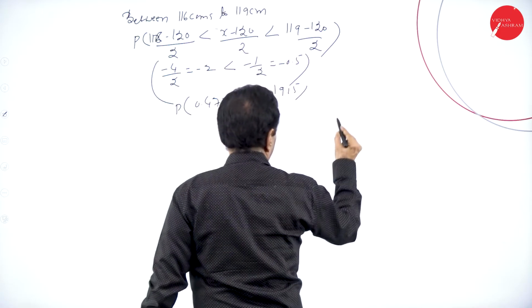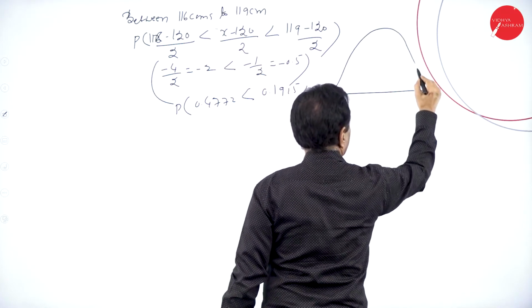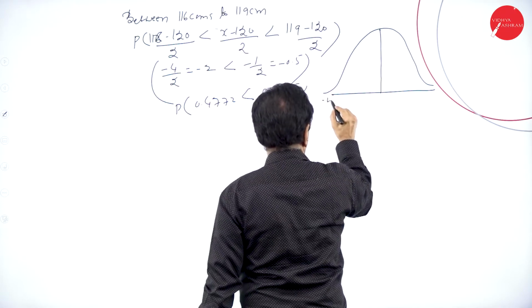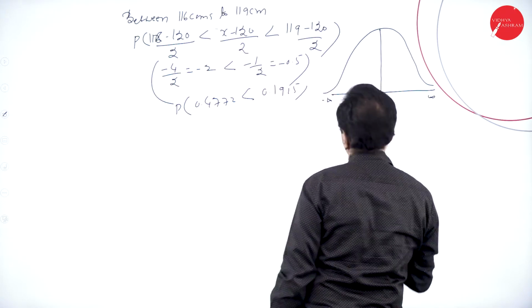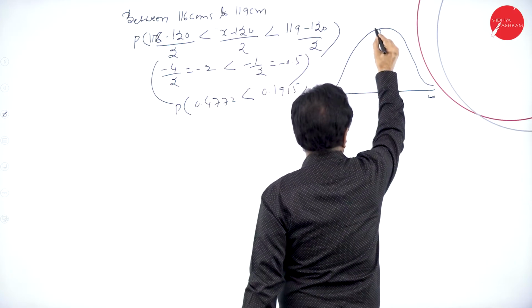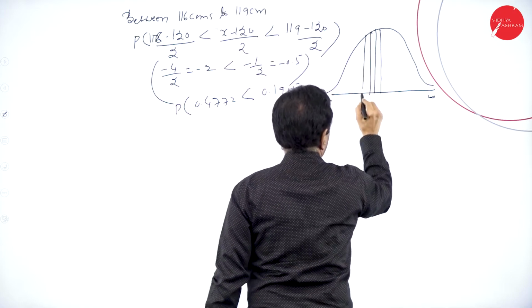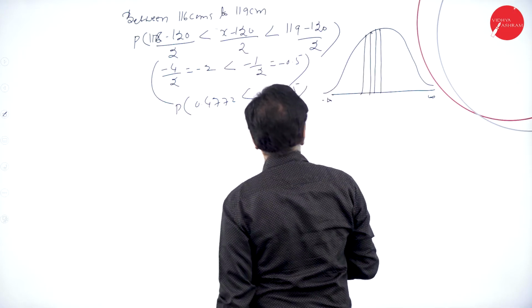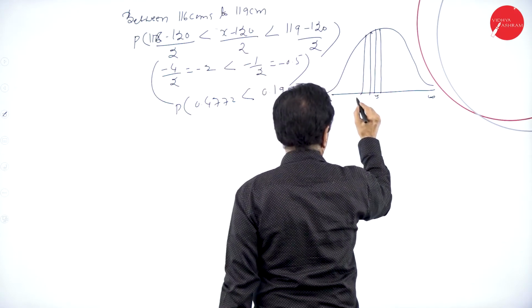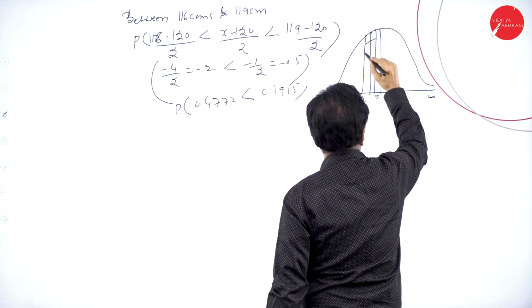If we make a graph here, this is minus infinity and this is positive infinity, with 0.5 first and then minus 2.